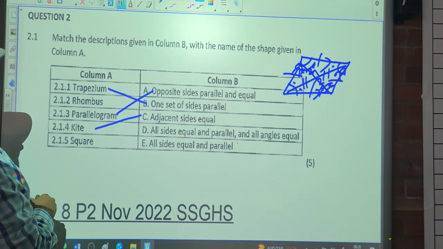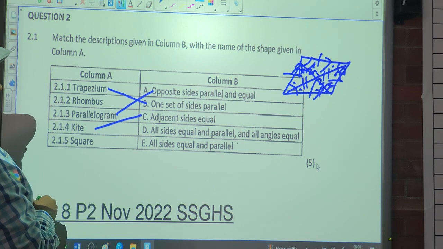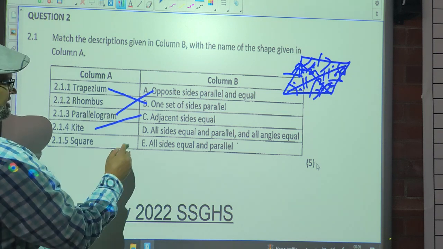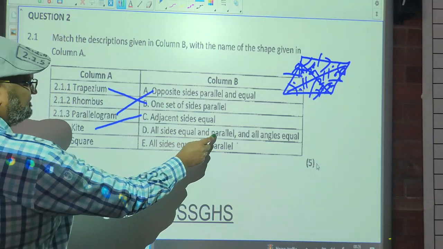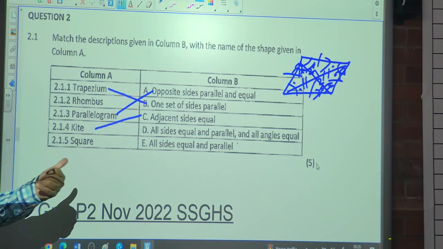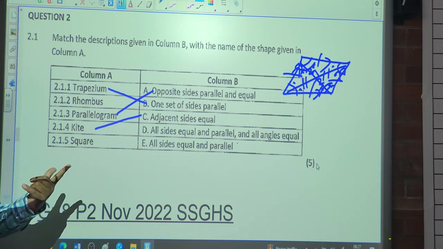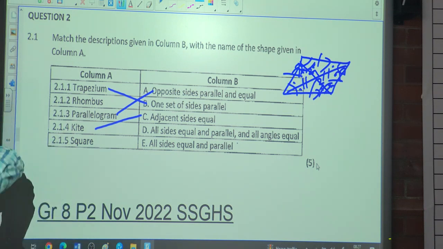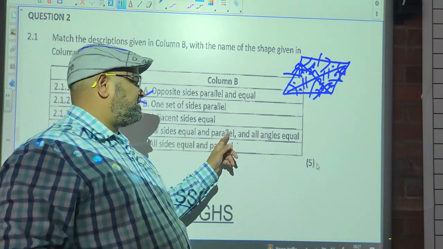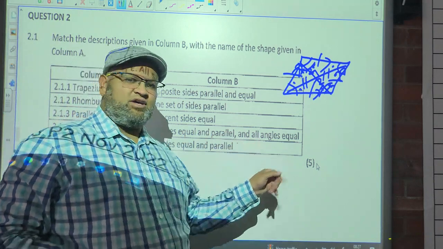All sides are equal and parallel and all angles are equal. Square. It's actually not all the sides are equal and parallel. All sides are equal and opposite sides are parallel. Because are all the sides parallel? No. So it should have been all sides equal and opposite sides are parallel and all angles are equal.